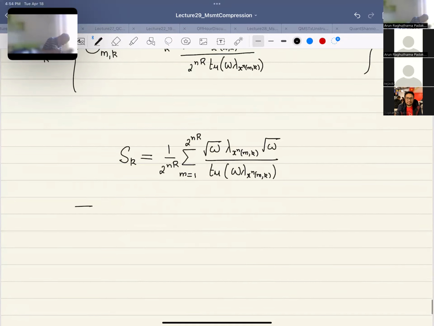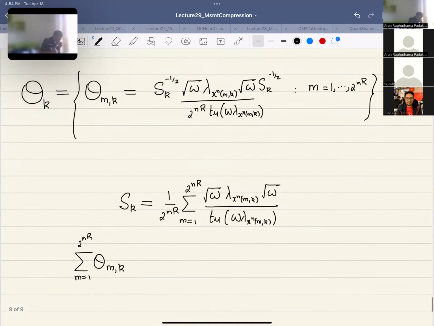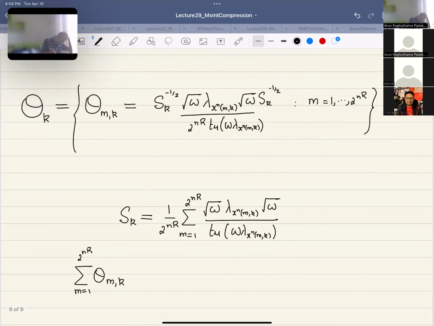So if you add theta mk's, what do you get? Just sk. I'll just write it down.